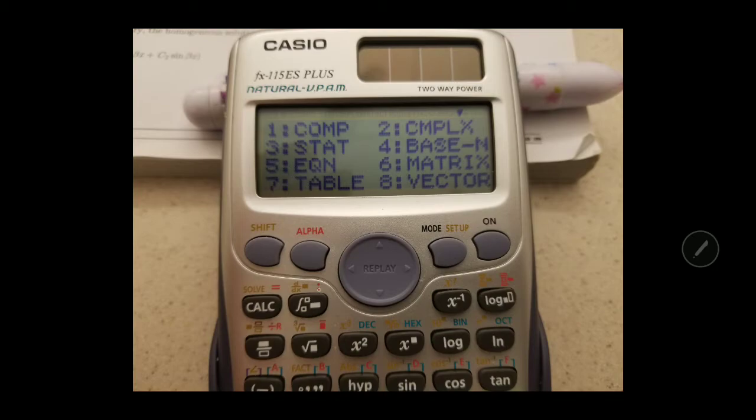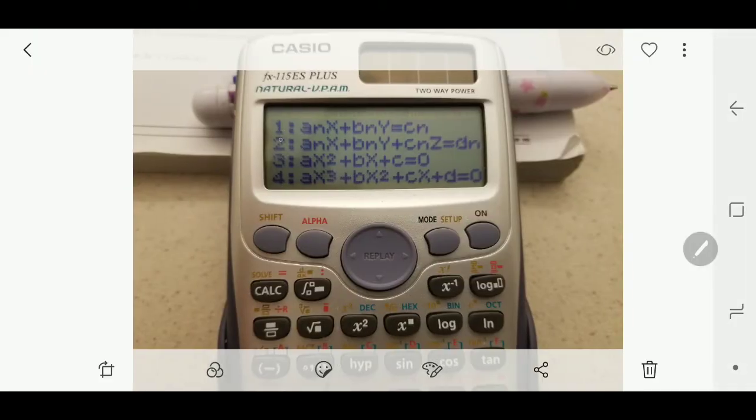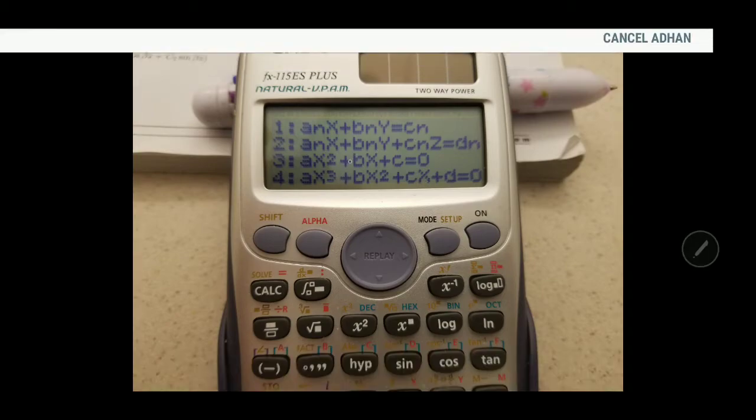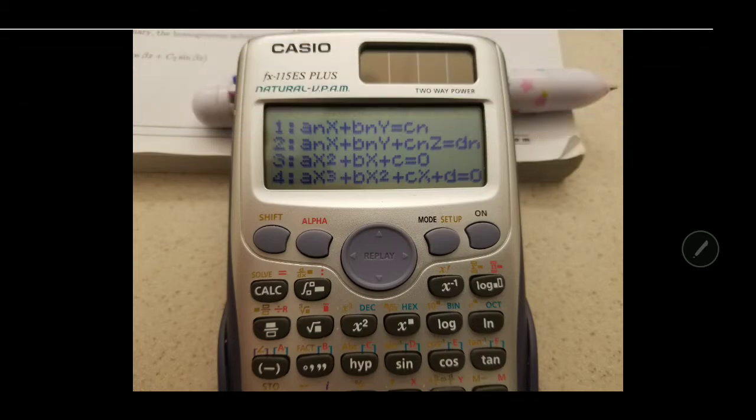Once you press 5, it's going to take you to these types of equations, and then you want to select which one you want to do. In our case, we're doing the quadratic equation, which is the third one, ax squared plus bx plus c.